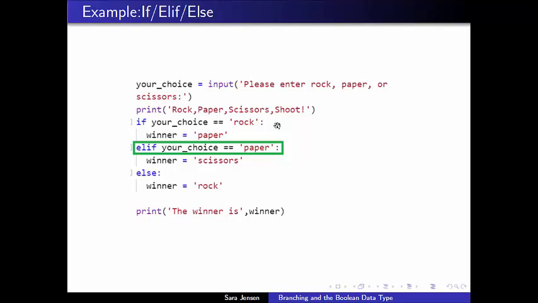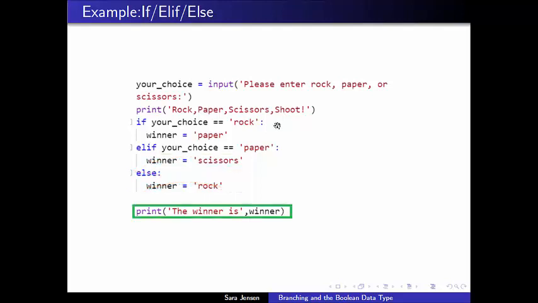Should your choice being equal to paper evaluate to be a true statement, we execute the block of code that corresponds to the elif, and there's no need to check any other branches for whether or not we travel them, so our flow of control immediately jumps to this print statement at the end.